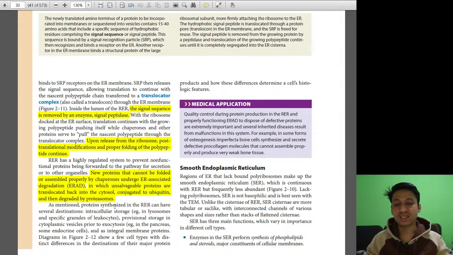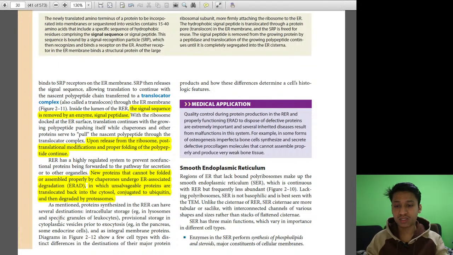As mentioned, proteins synthesized in the rough endoplasmic reticulum can have several destinations. We just checked in the last paragraph about its destination going to the mitochondria or lysosomes, etc. Intracellular storage, example in lysosomes and specific granules of leukocytes.